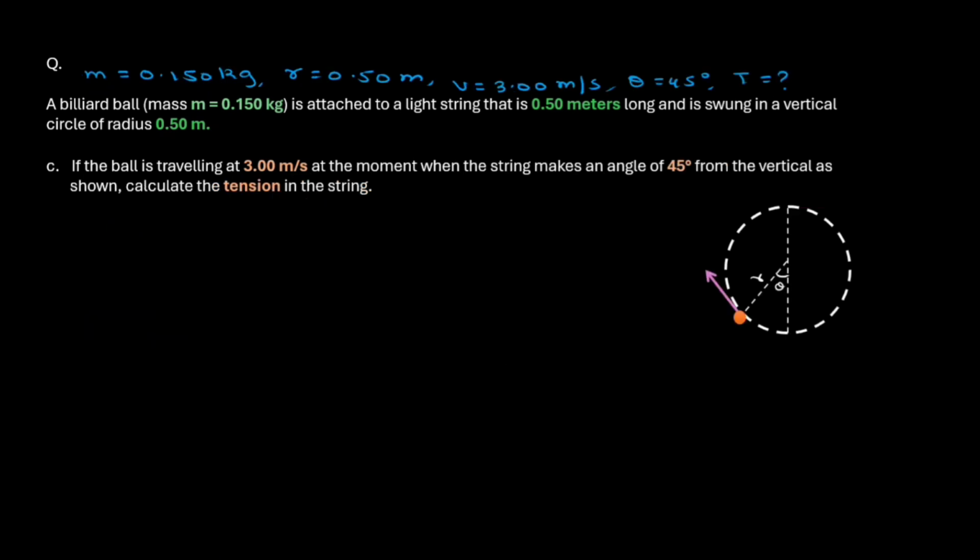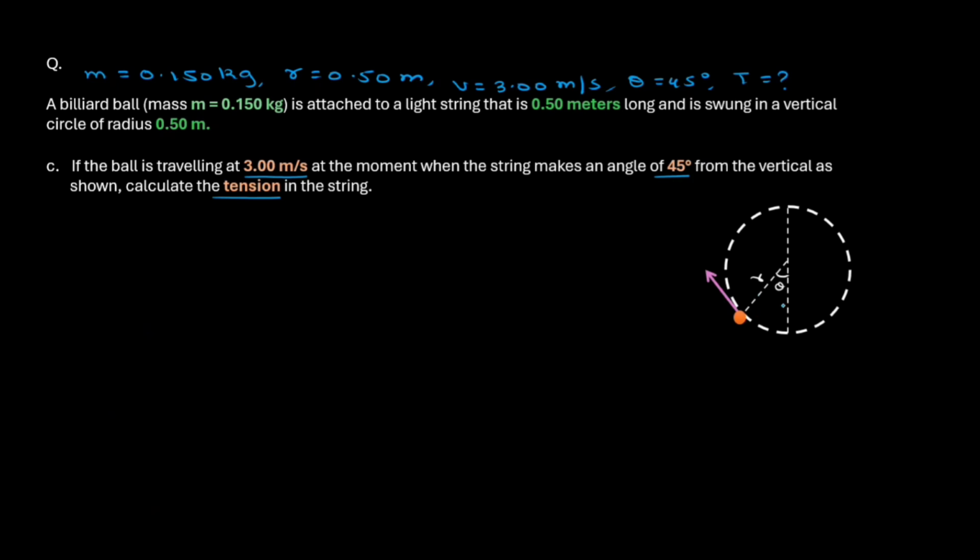Next, part C. If the ball is traveling at 3 meters per second, at the moment when the string makes an angle of 45 degrees from the vertical, as shown, calculate the tension in the string. So now the ball is at this position, making an angle theta of 45 degrees with the vertical.